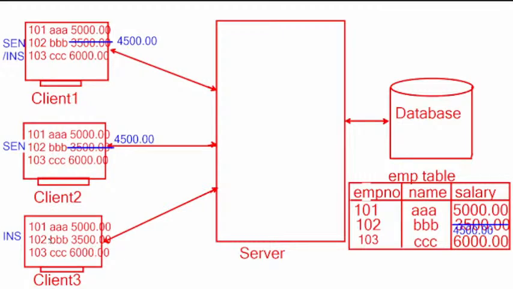So actually, who is updating? Client 1. It is updated in client 2 also, because it is sensitive. It is not updated in client 3 because it is insensitive. That's the difference. Write this one. I'll give the description. Write this diagram.